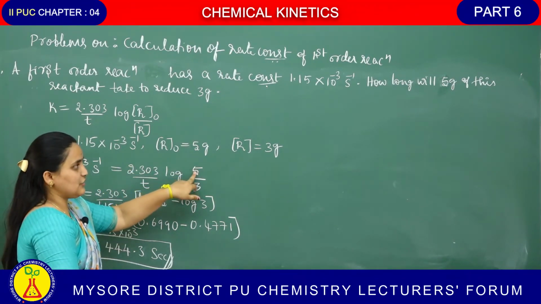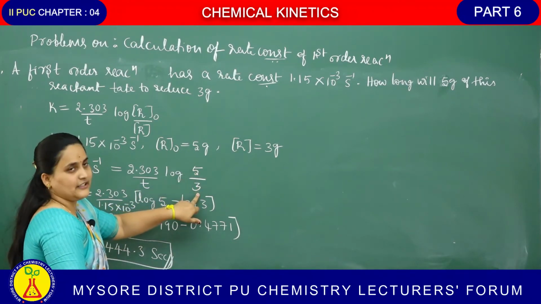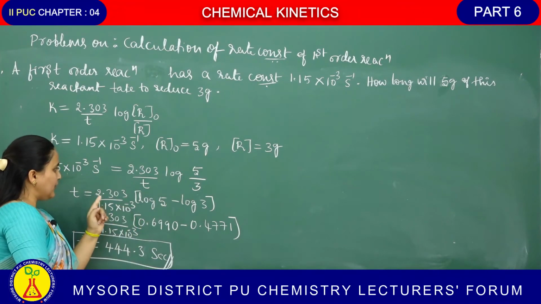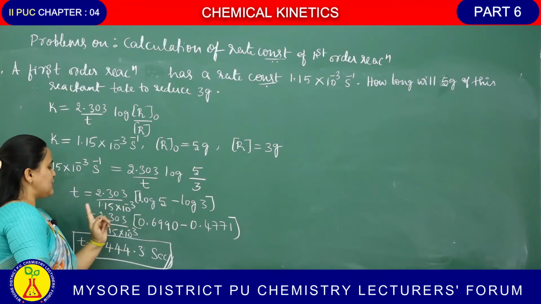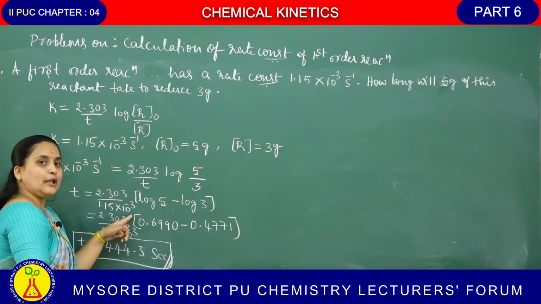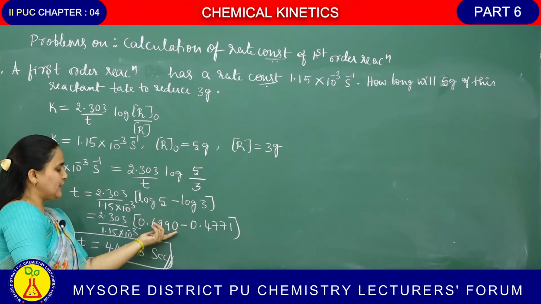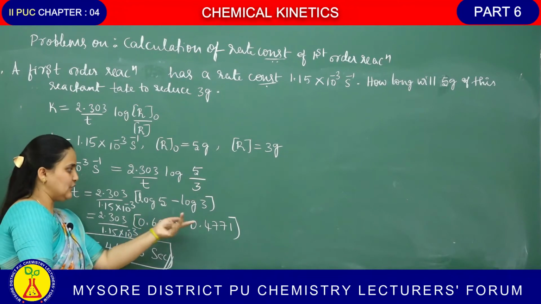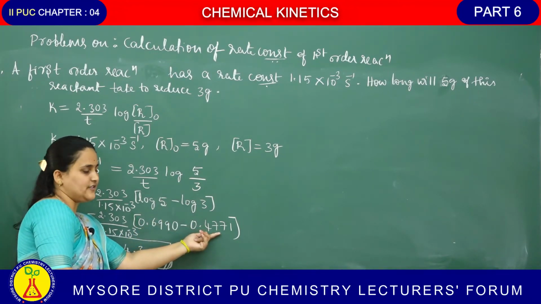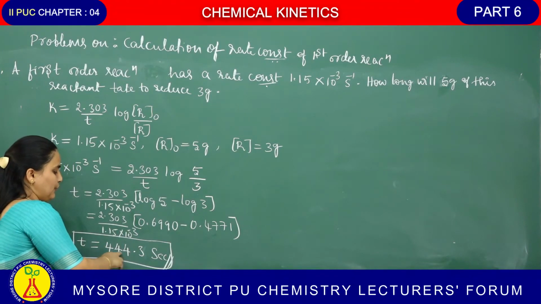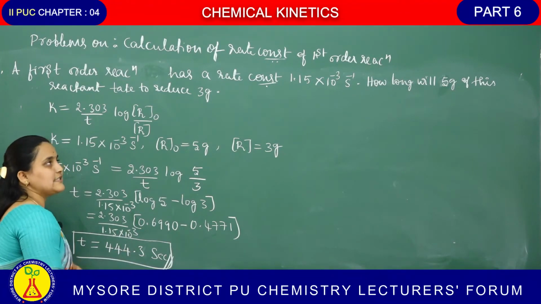Log initial concentration is 5 gram and final concentration is 3 gram. Log m by n formula is there. I have rearranged 2.303 K, 1.15 into 10 power minus 3 log 5 minus log 3. Log 5 value is 0.6990, log 3 value is 0.4771. Final answer was time is 444.3 seconds.